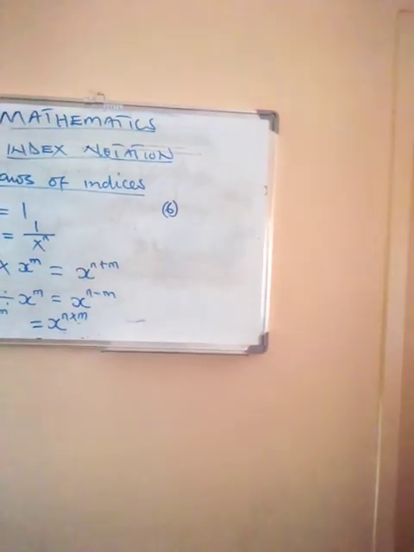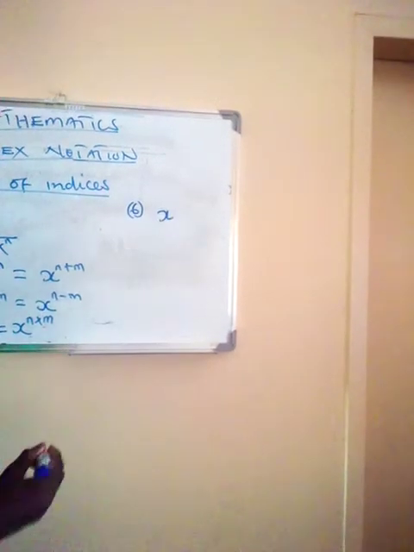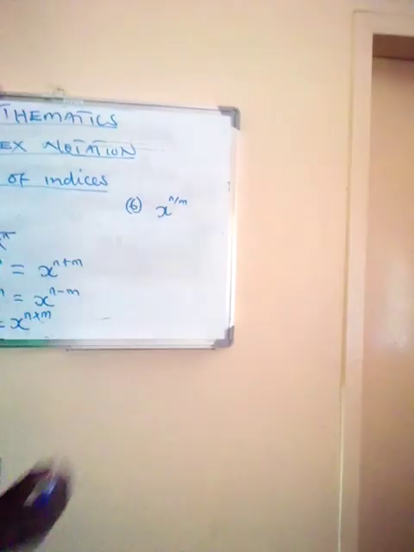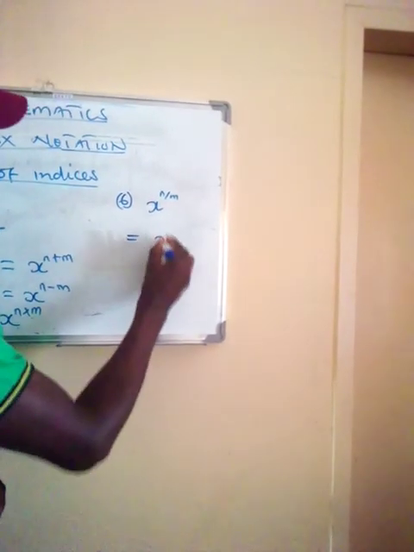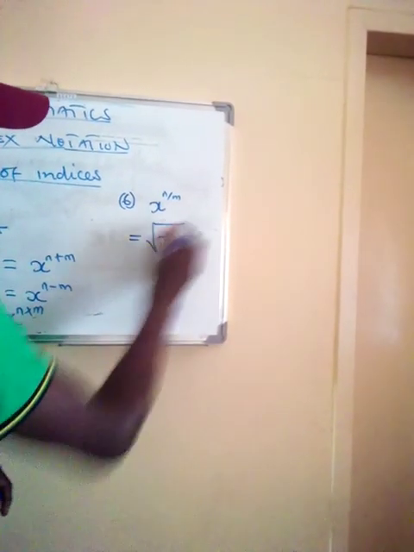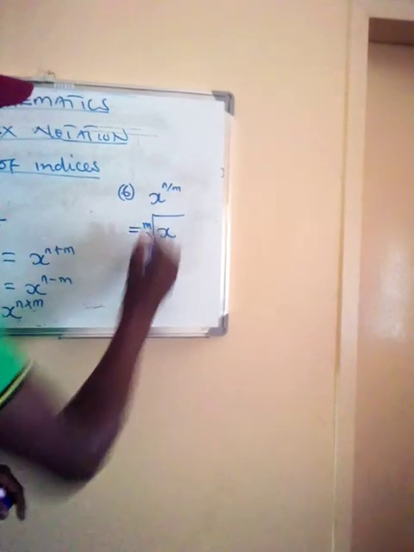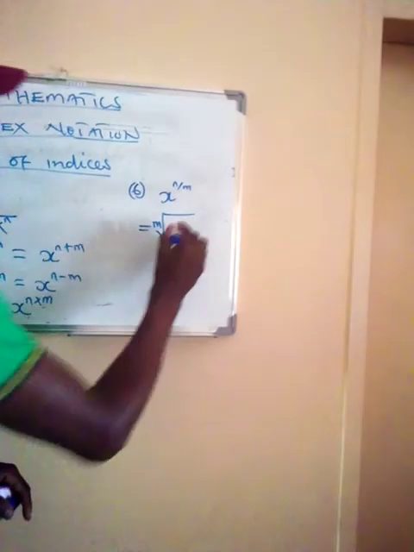The sixth one is that when you have a base and this base has a fraction power, in this case, you maintain the same base, then you introduce the root. The denominator of that power becomes the root of the base that you have been given. Then the numerator of that power becomes the power of the base that you have.